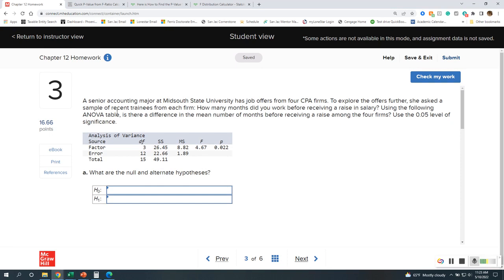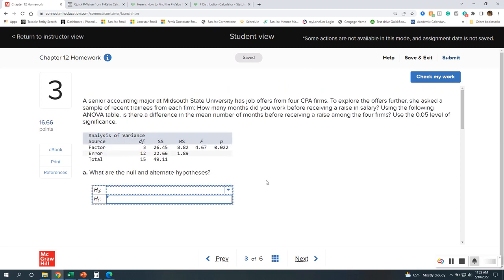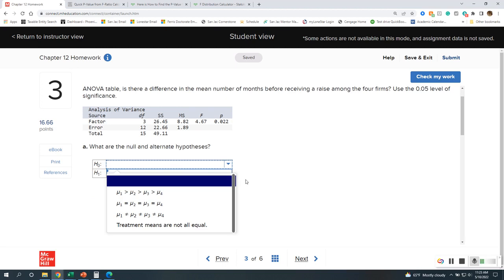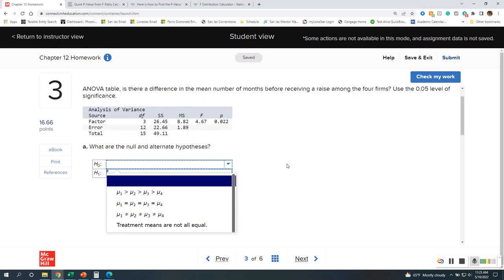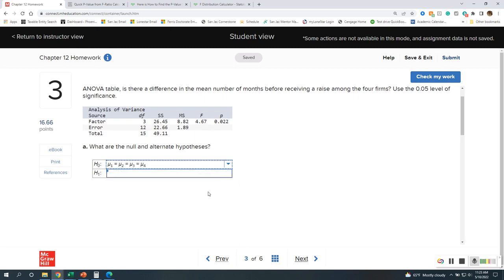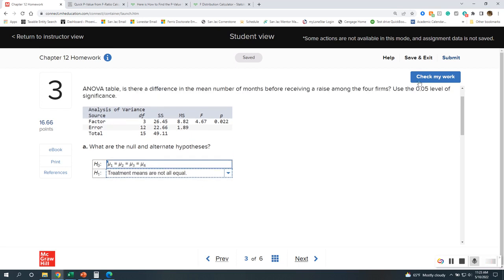Alright, now, if we could have done an ANOVA table in question 2, we would have gotten our p-value right there. But, unfortunately, that was not the case. So again, state our null hypothesis. We're looking for if there's a difference, nothing greater. So we're going to look at if they're all equal or not equal.